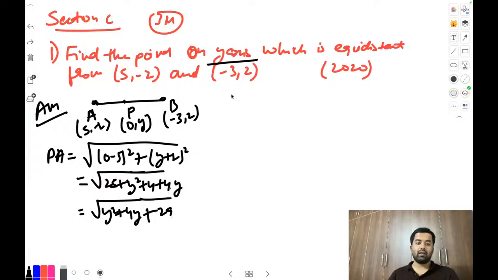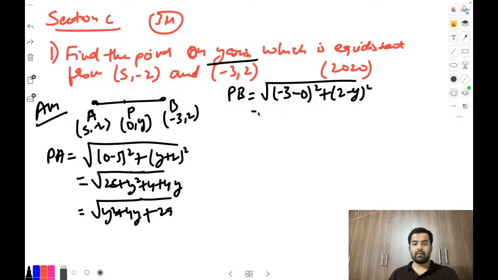PA. Now in the same way find out PB. So this becomes minus 3 minus 0 whole square, and next will be 2 minus y whole square. This becomes 9, this becomes 4 plus y square minus 4y.